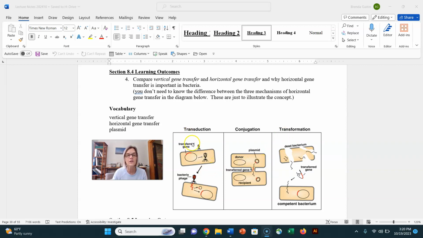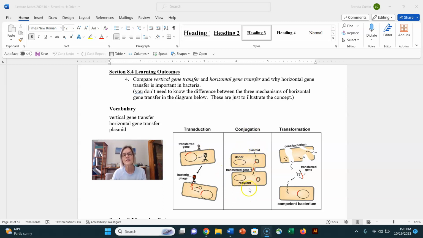So here in transduction, it's just showing you, here's a virus. Sometimes when viruses inject DNA into cells, they actually can pick up a little bit of DNA from the bacterial cell and transfer it to another. So sometimes viruses move pieces of bacterial DNA between bacteria.